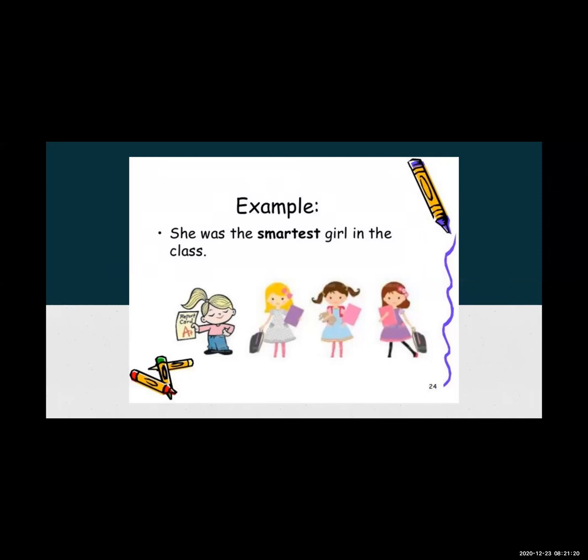The four of them are all good, but someone is much better than the others. Which word do we use for describing that? We add est, and that is smartest. Suppose they all are smart, but that girl is the smartest. So she was the smartest girl in the class. I am directly telling that she is the smartest.